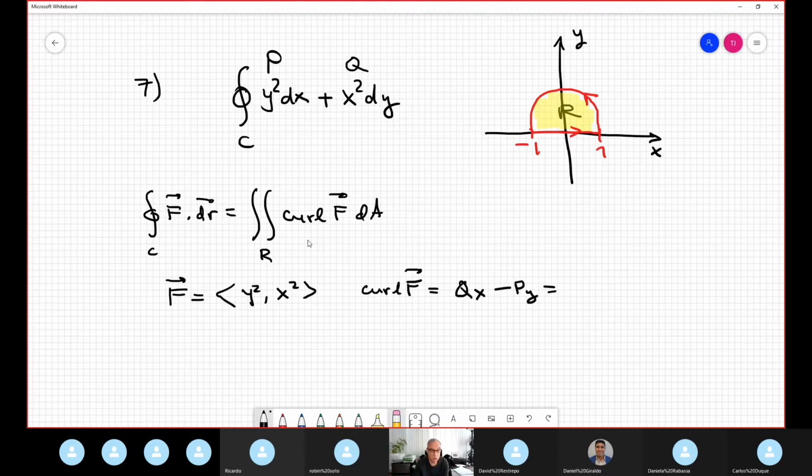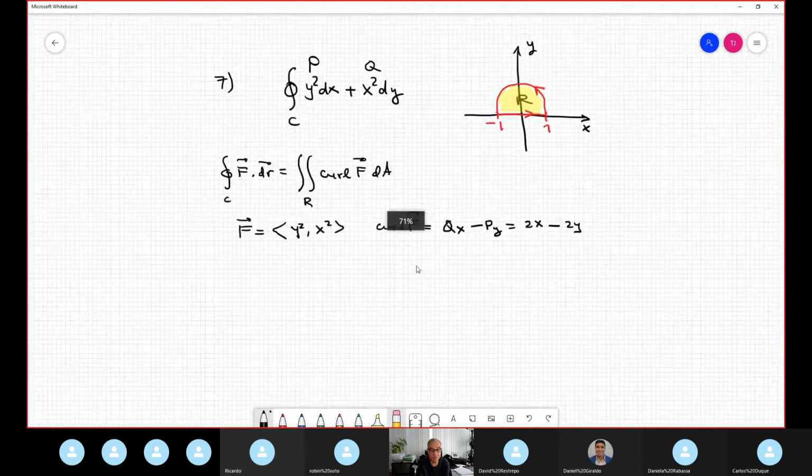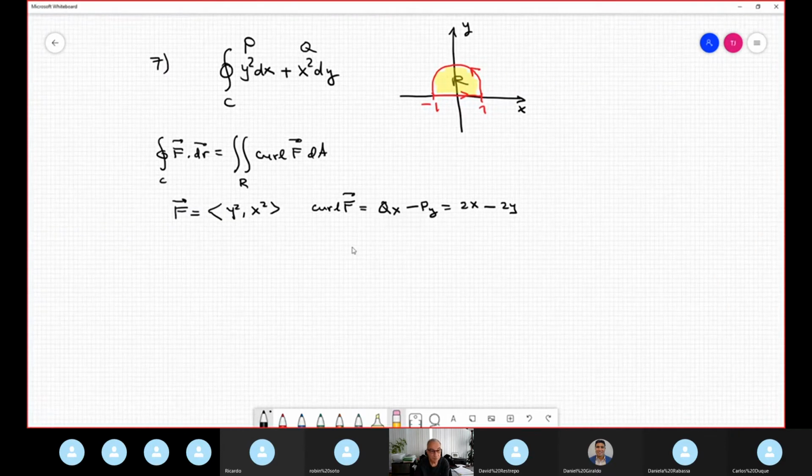The derivative of Q with respect to x is 2x, minus the derivative of P with respect to y, which is 2y. Okay, 2x minus 2y. Now I set up the double integral in the region R. The integrand function is 2x minus 2y dA.